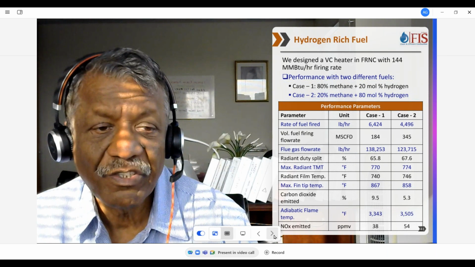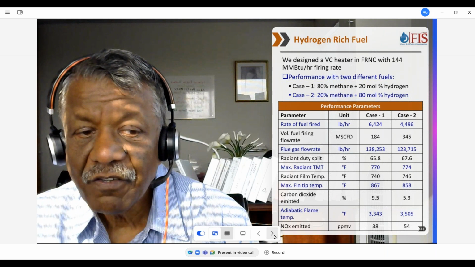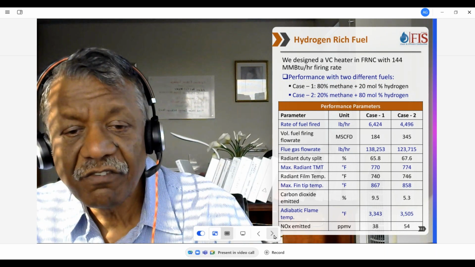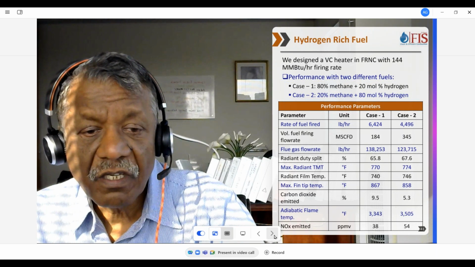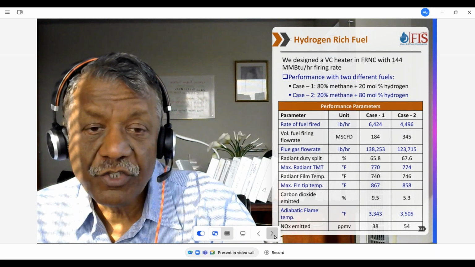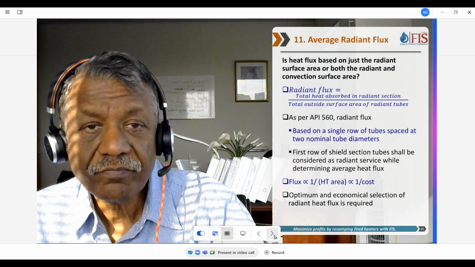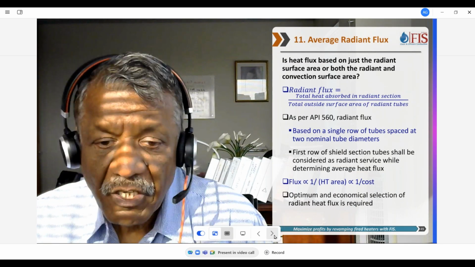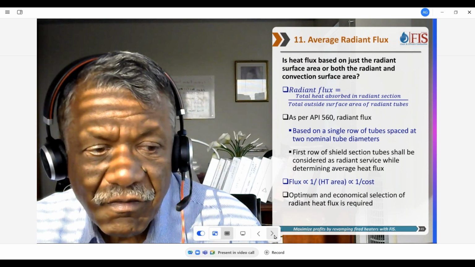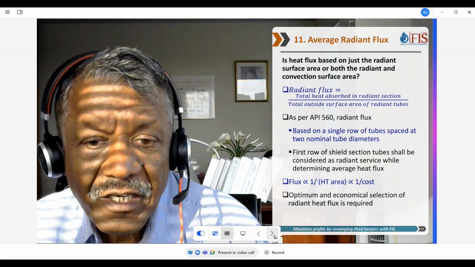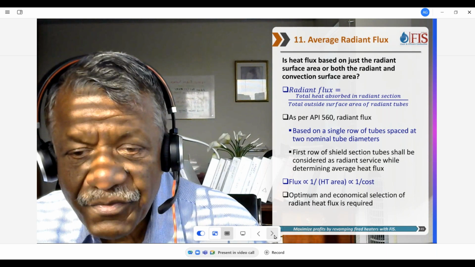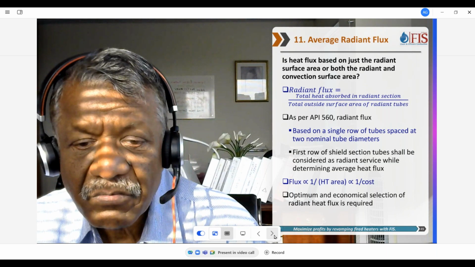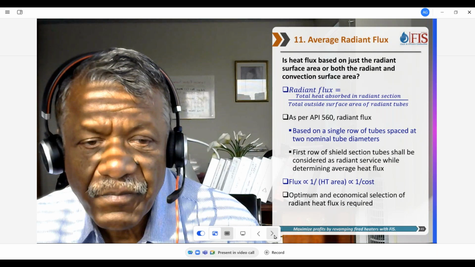With hydrogen fuel, we'll have to see how the burner works and what can be happening. NOx may become an issue. So I don't see a very big difference in hydrogen firing. I mean, there are some refineries who are trying to fire hydrogen maybe in the next few years.